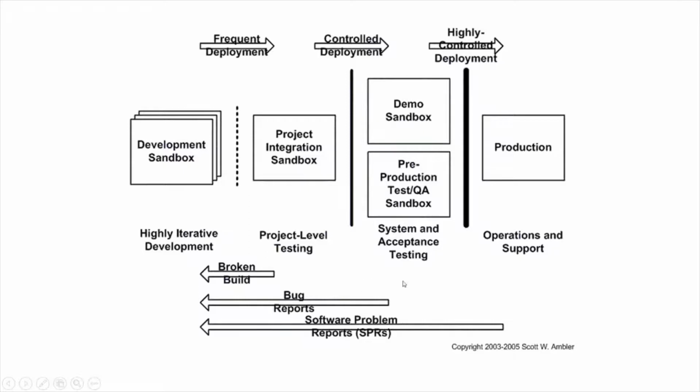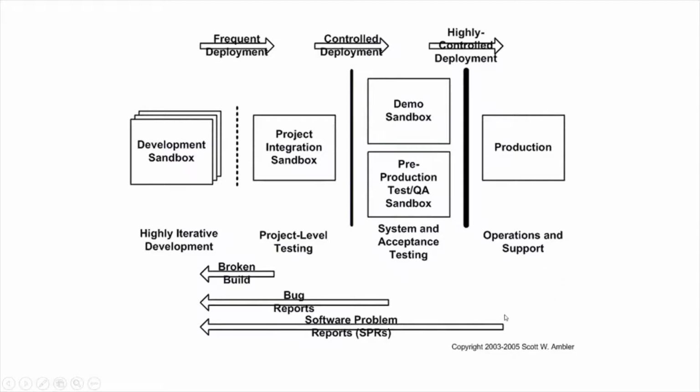After that, we have a highly controlled deployment. After the UAT testing is done, we pass to the production environment, and here we have operations and support teams that handle all these applications and reports.